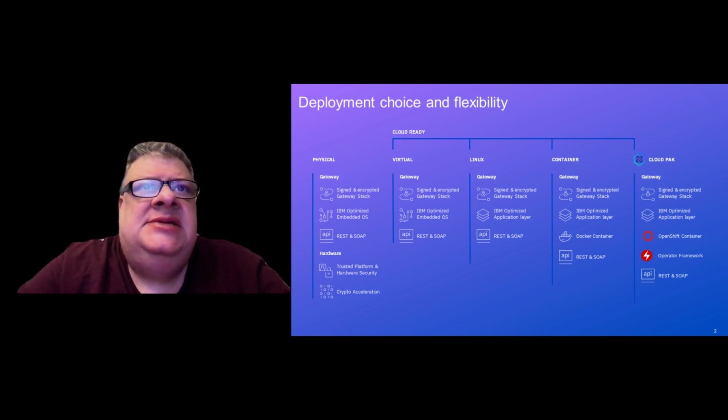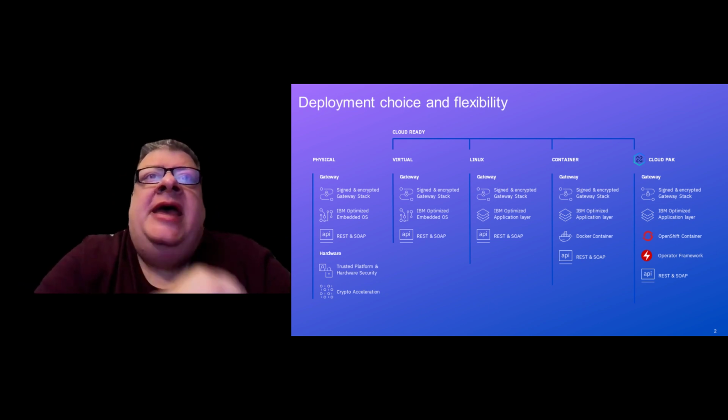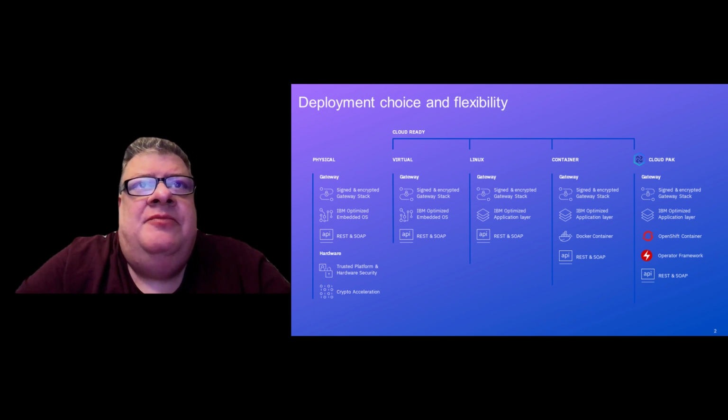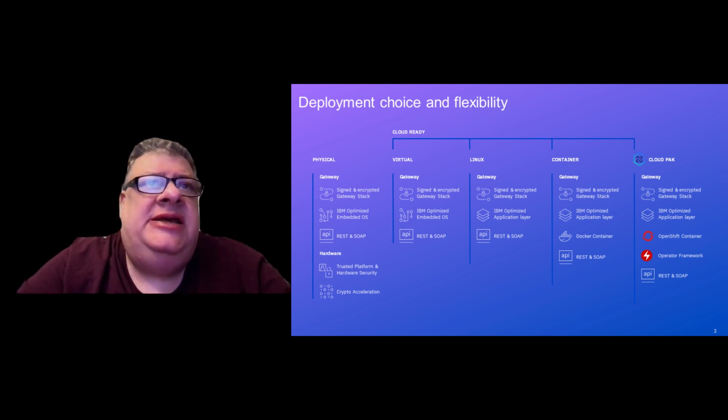So RHEL Linux, container-based. So it's a Docker container, but allowing us for Kubernetes and OpenShift. And of course, for the IBM Cloud Pak for Integration, DataPower is a key component of that as well.